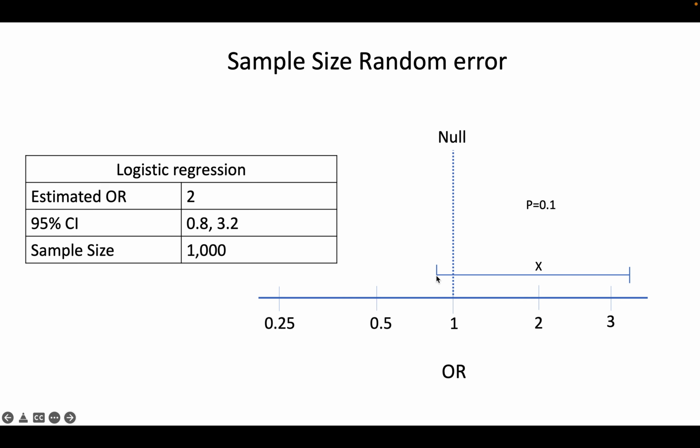The fact that 1 is part of this interval means we have evidence that it might be 1 and there might be no effect. But for this same value of 2, if we increase the sample size from 1,000 to 5,000, it decreases this confidence interval by quite a bit. It went from being this big to this big, and now we have a significant value.